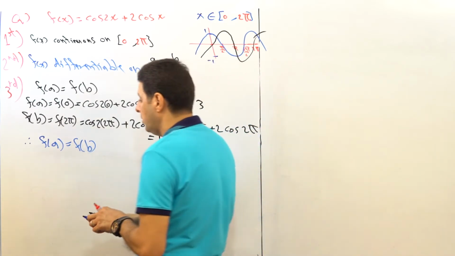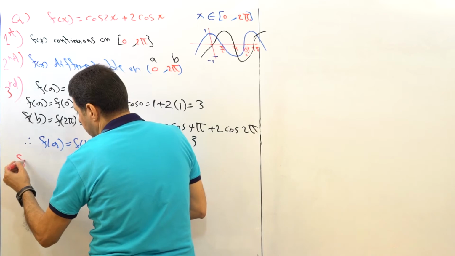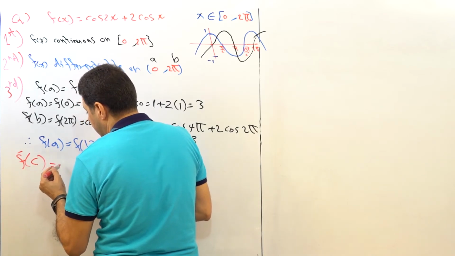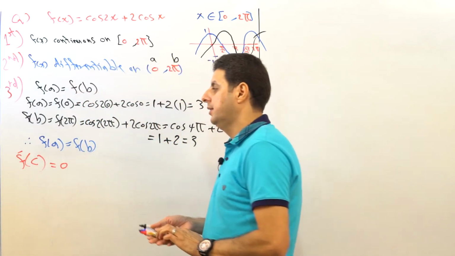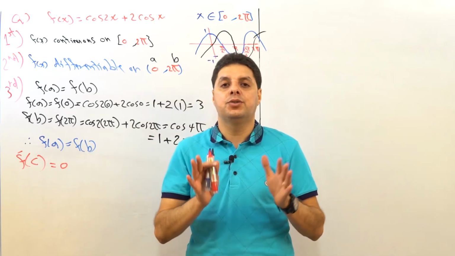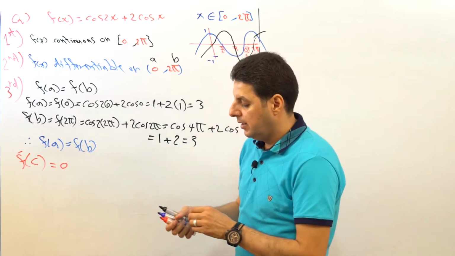Then we apply f prime of c equals 0, the first derivative at c equals 0.